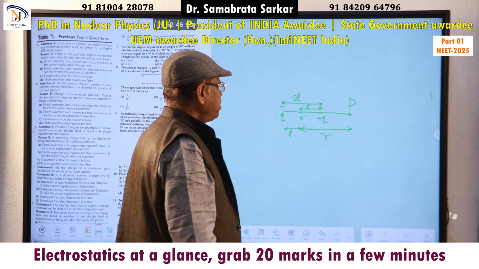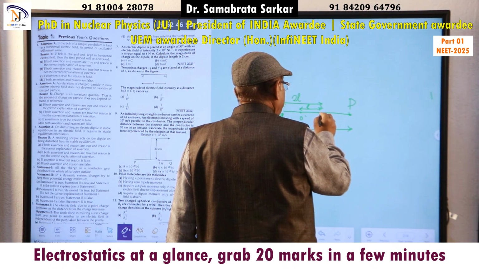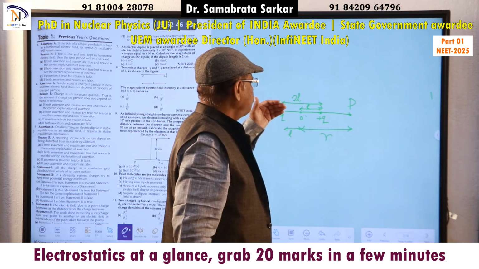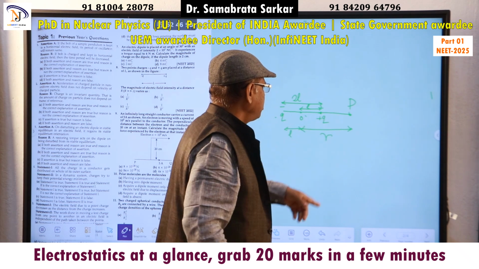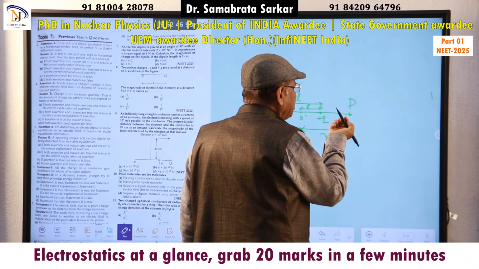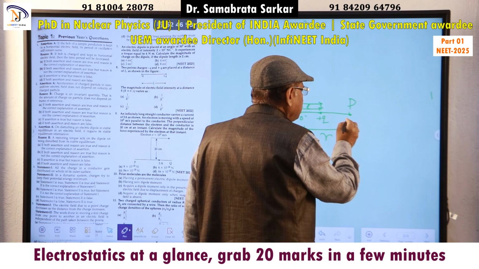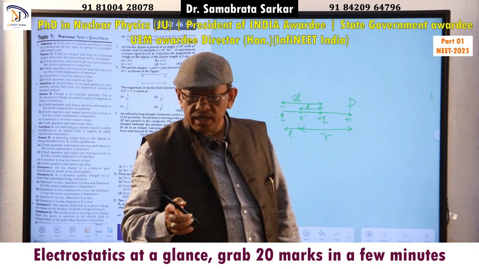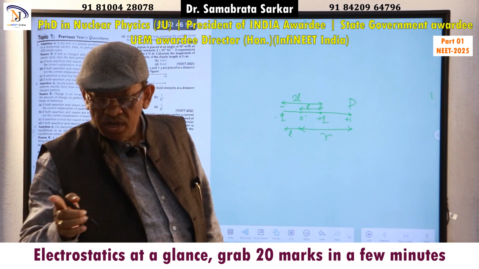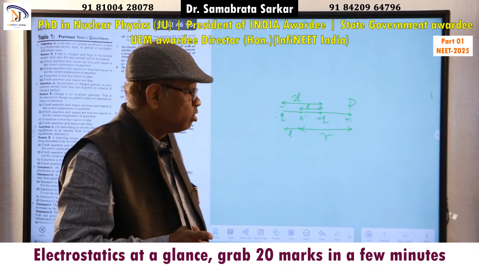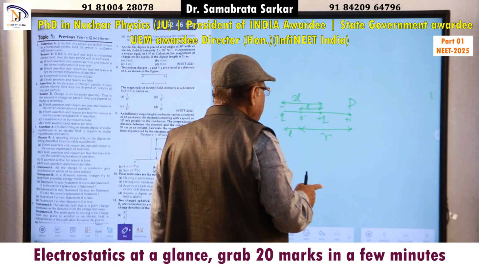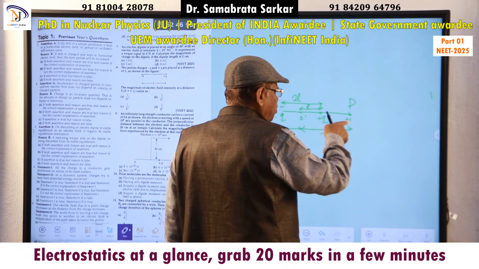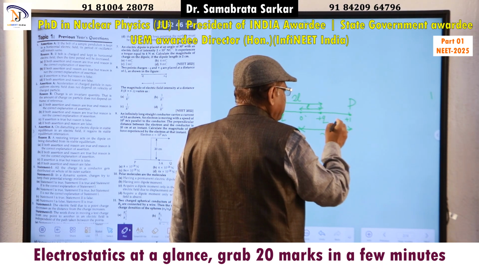And would you tell me then the force, that is the intensity, that will act here, where you are going to find the field intensity, there you have to consider unit positive charge. Always wherever you are going to find the intensity, you have to consider unit positive charge. This is the rule. So what will be the value here? Whether it is repulsive or attractive.